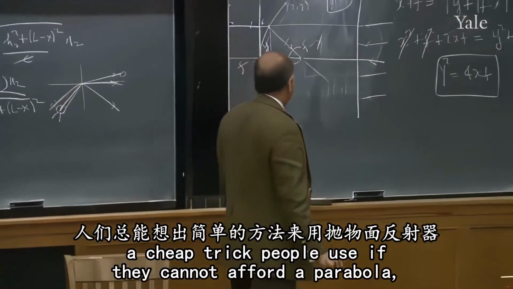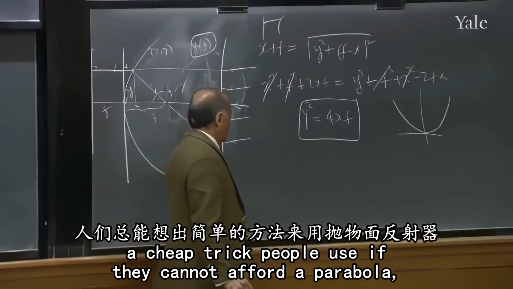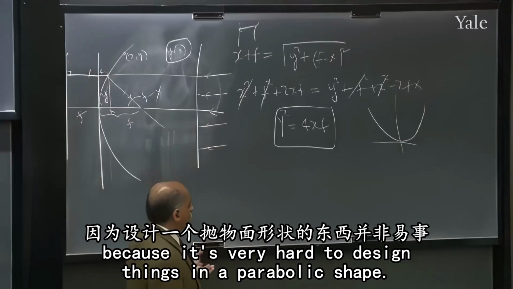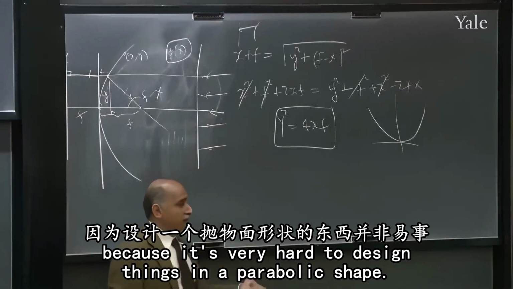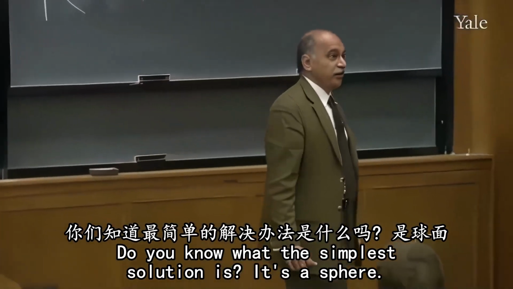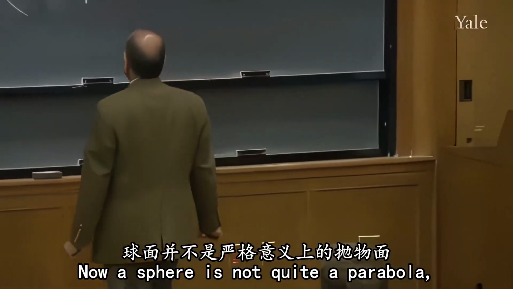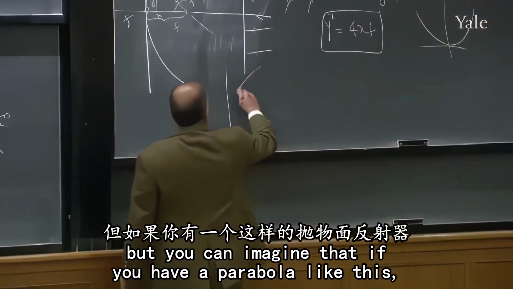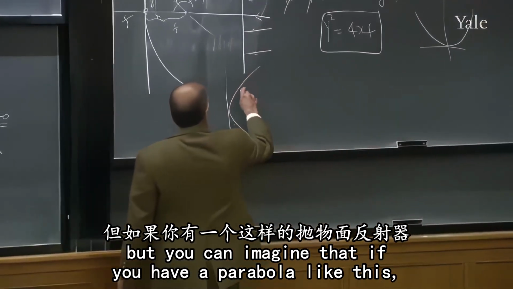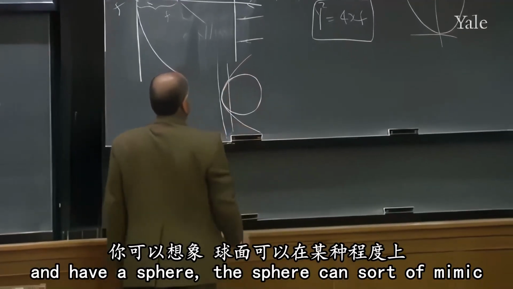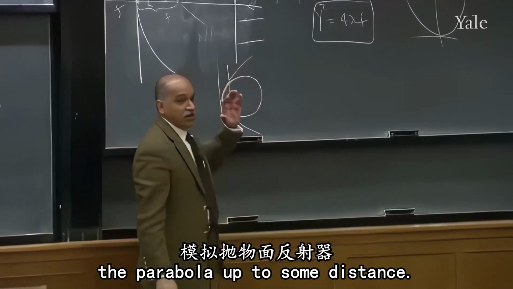But that's a cheap trick people use if they cannot afford a parabola, because it's very hard to design things in a parabolic shape. Do you know what the simpler solution is? It's a sphere. Now a sphere is not quite a parabola, but you can imagine that if you have a parabola like this and I have a sphere, the sphere can sort of mimic the parabola up to some distance, then of course it will deviate.